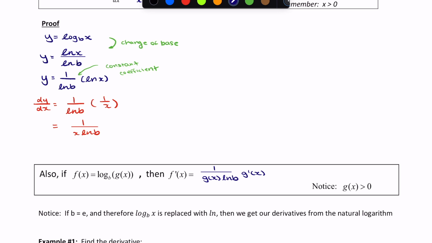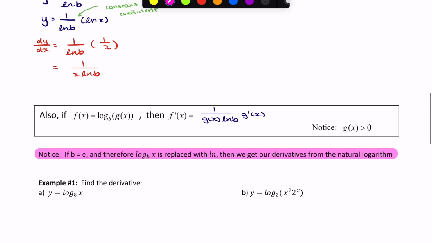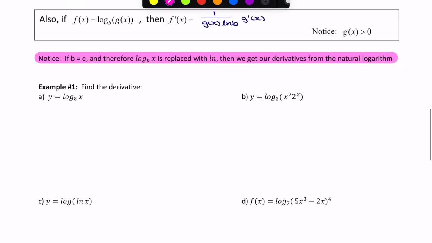So here, notice if b is equal to e, and therefore log base b of x is replaced with ln, then we get our derivatives from the natural logarithm. Okay, so let's look at these examples of the theorems that we just learned.